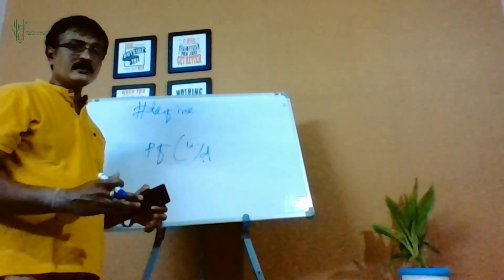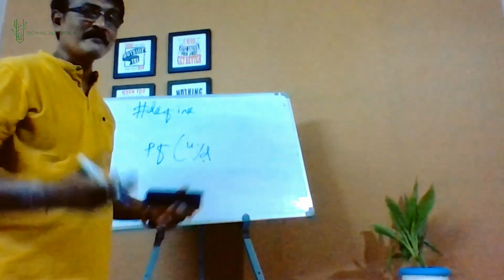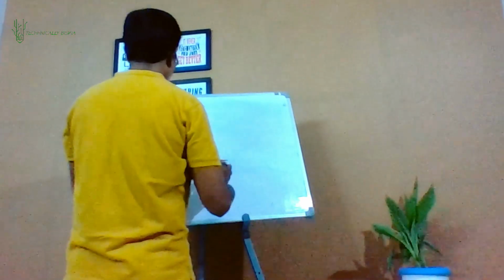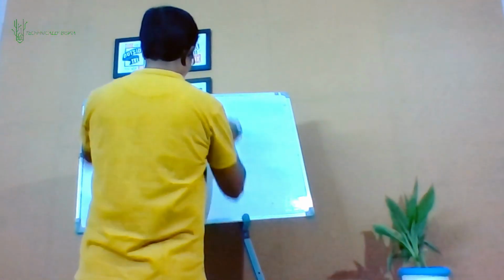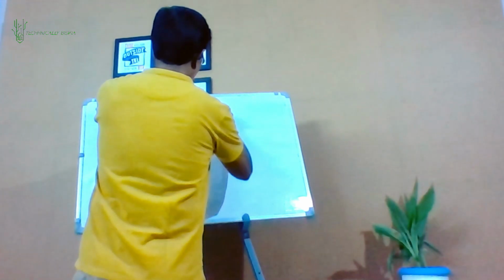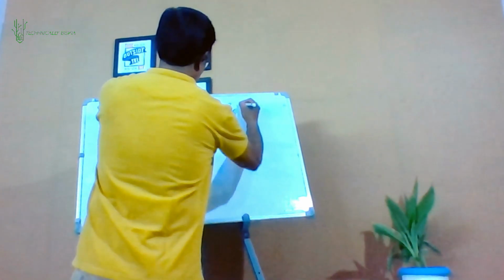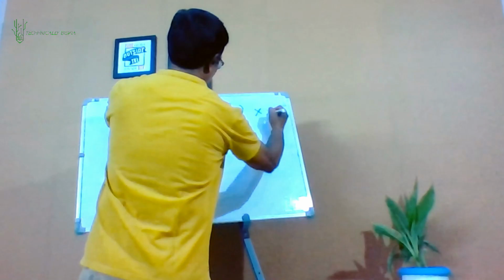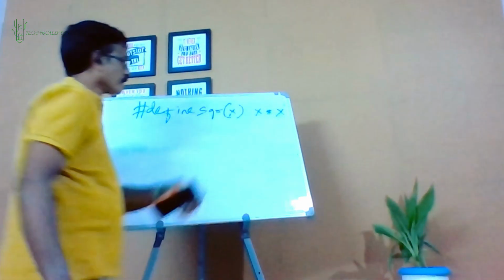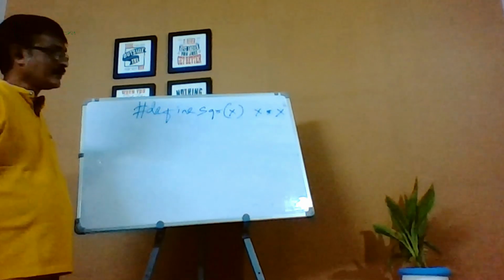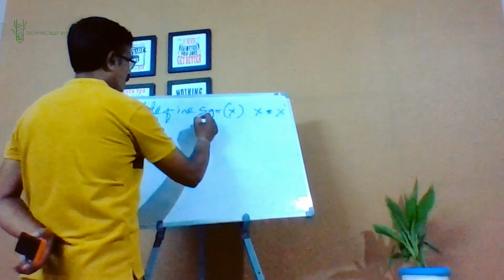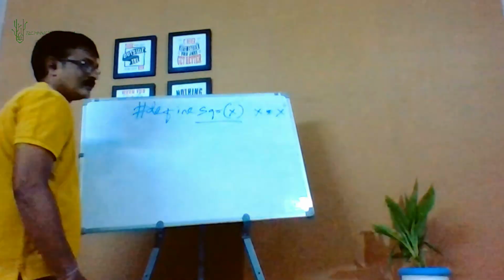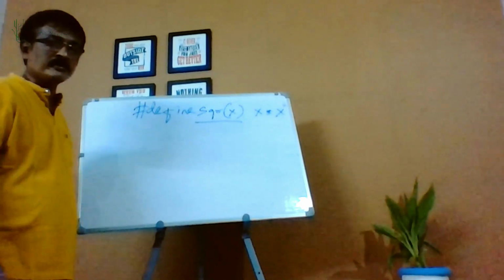Most of the time it's a quick response due to which they make a mistake. Look at this. This is a macro with argument. The name of the macro is square of x. It will be replaced with x into x.